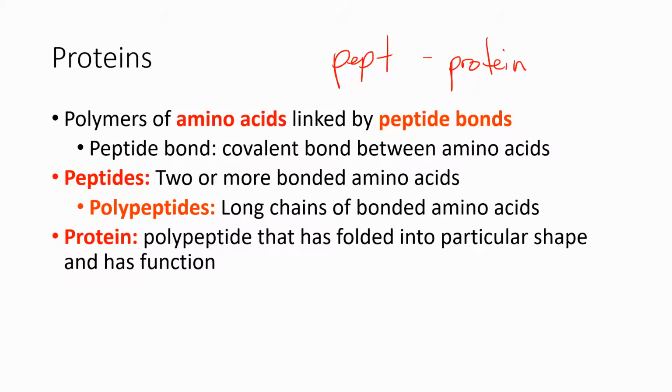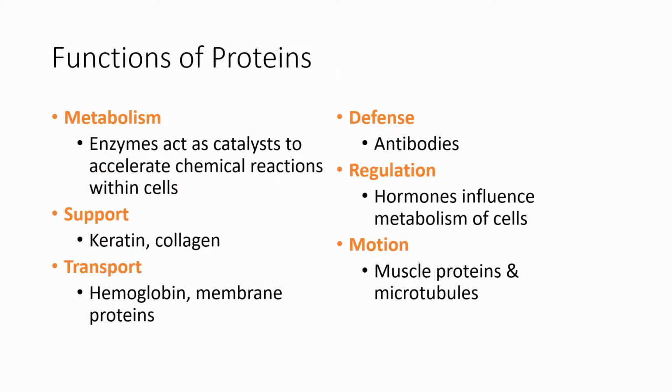So, for example, in peptidoglycans, that peptid part has to do with the fact that there are some amino acids in that molecule. A peptide is made when you bond a couple of amino acids together. A polypeptide is when you've got a long chain of amino acids bound together. And once you take that polypeptide and fold it into a particular shape so that it's able to do a certain job, it becomes a protein.